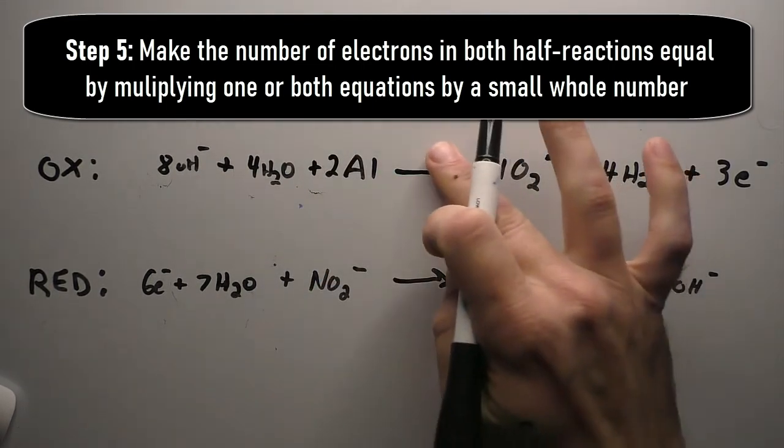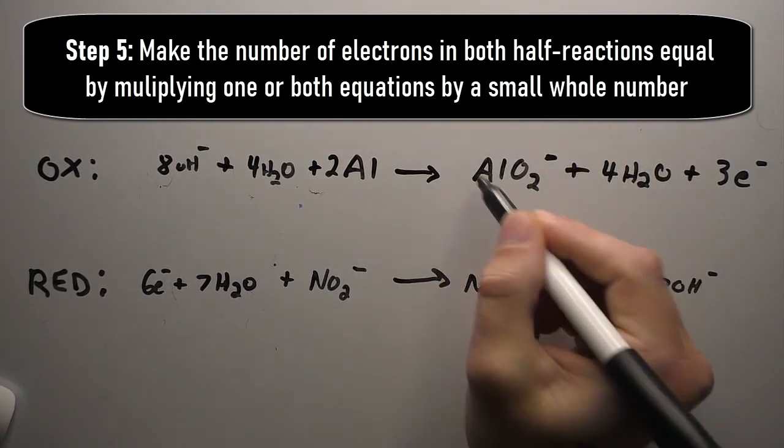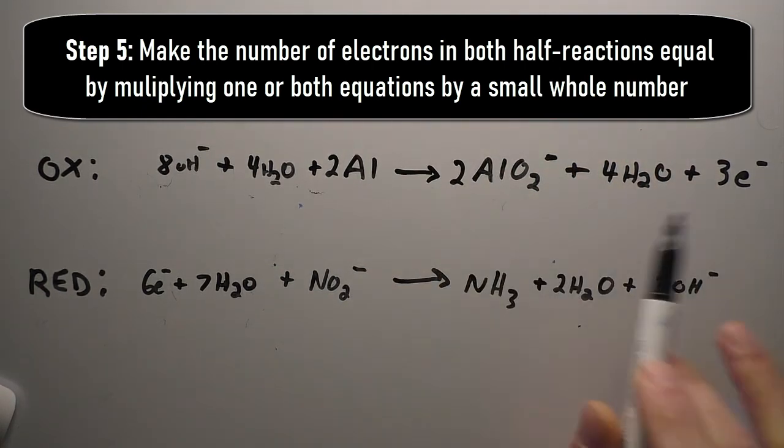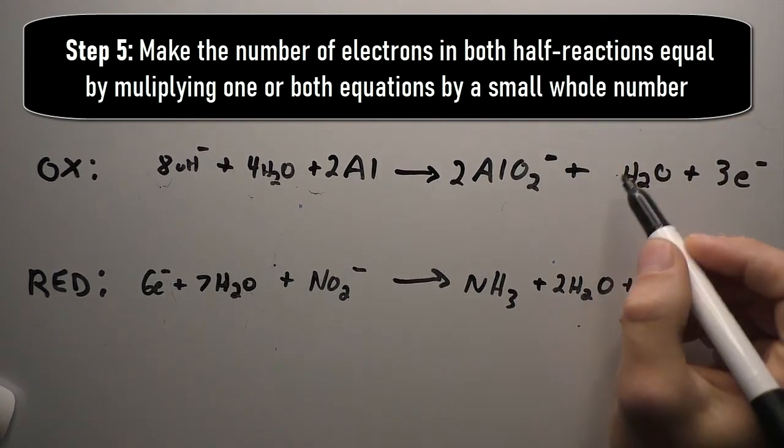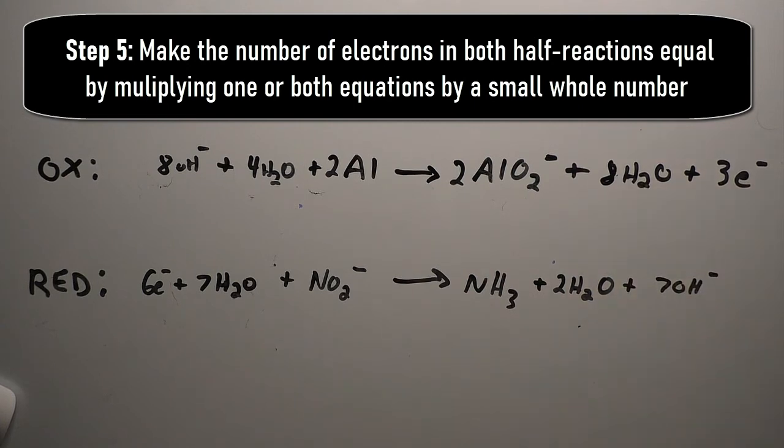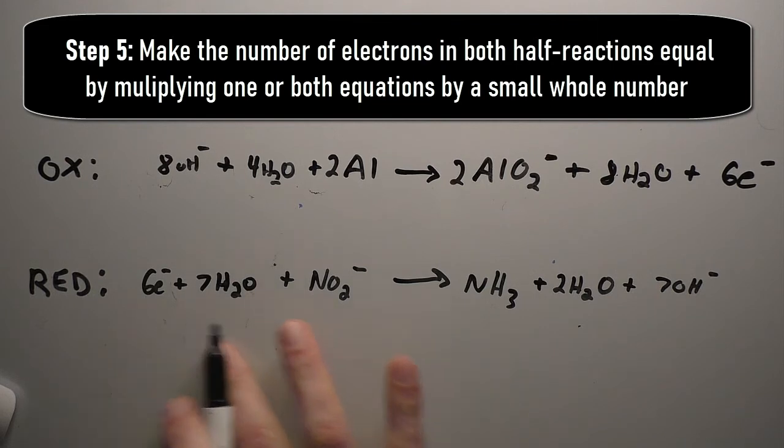For the aluminate, 2 times the understood 1 is going to be 2. We had 4 waters over here on the right, so I'll multiply that by 2. That'll become 8 waters. And then 3 electrons times 2, as we said previously, that's 6 electrons. And as I said previously, we're going to leave the reduction half reaction alone, right?